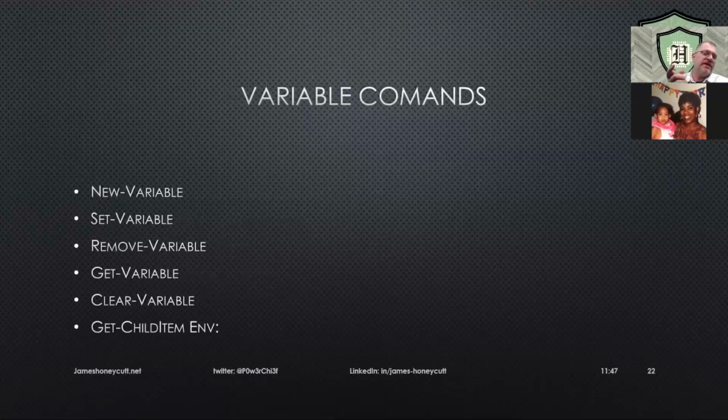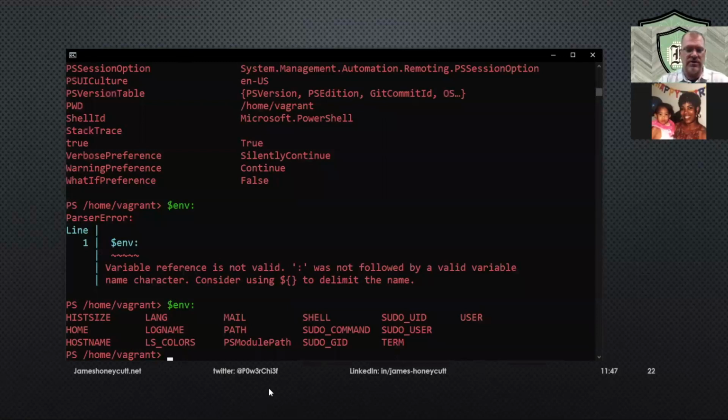Some of the variable commands that are out there are these. You can declare a new variable, set variables, remove variables, get variables. You can actually clear out your variables. Oh, that's the one, get child item env. Let me see if that's what I was looking for.